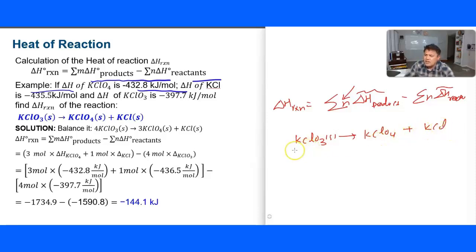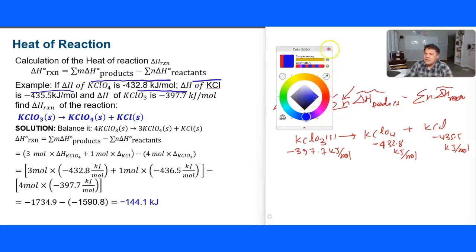Delta H of KClO3 is given as minus 397.7 kilojoule per mole, KClO4 is minus 432.8 kilojoule per mole, and KCl is minus 435.5 kilojoule per mole. This is given.